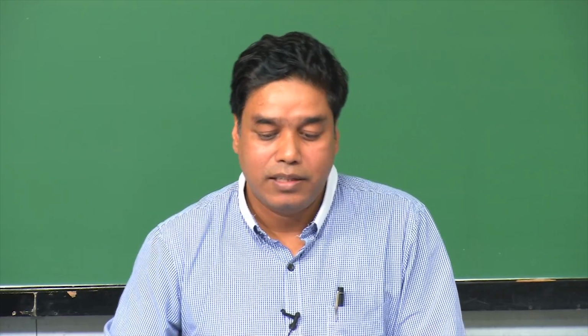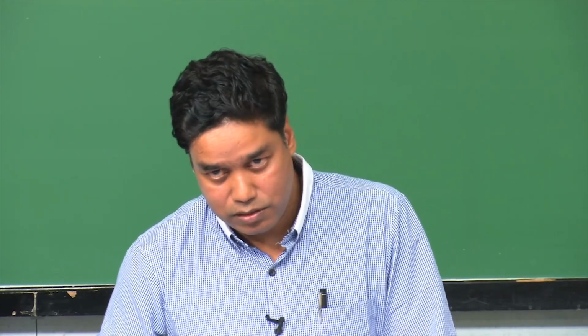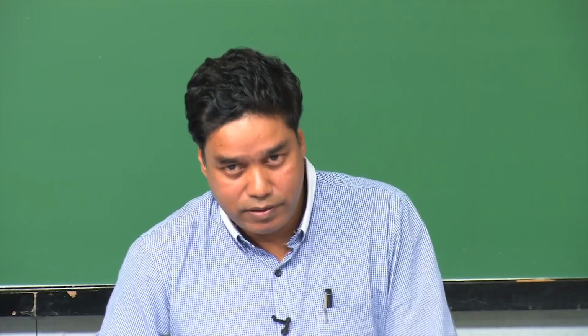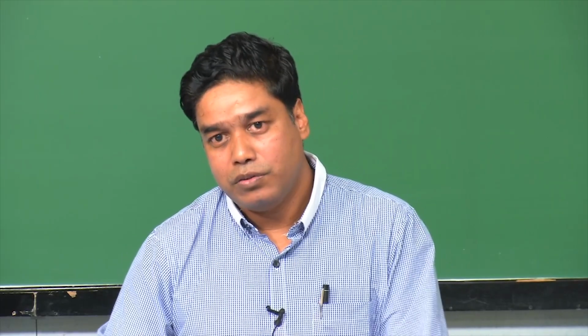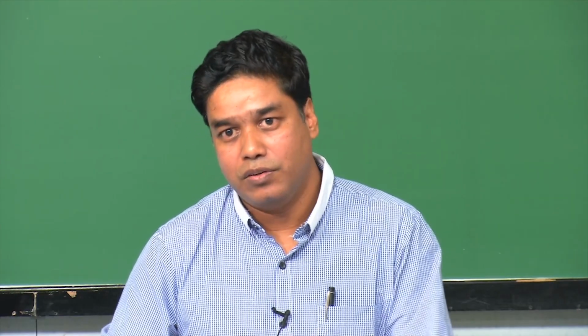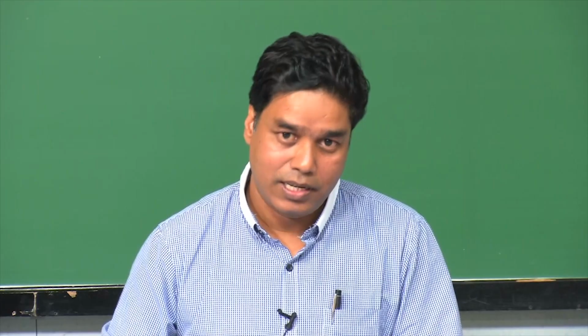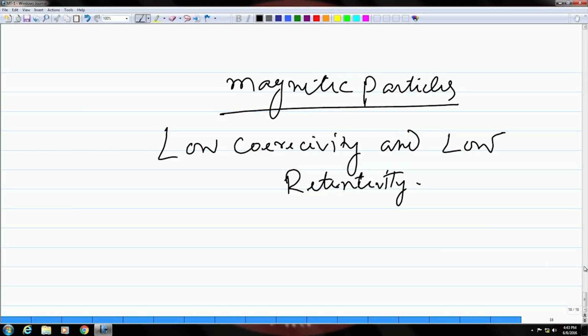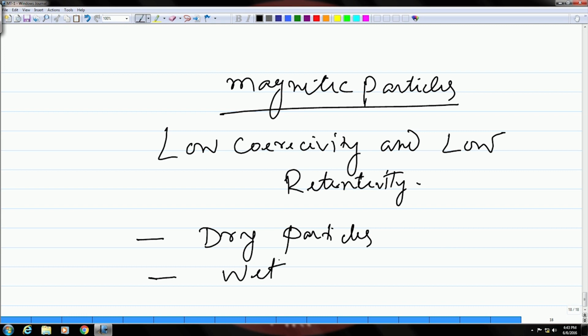They should have a low coercive field and a low retentivity, so that they are mobile on the surface and do not accumulate unnecessarily. And there are two types of particles in use. One is you can use dry particles, and you can also use these particles in some kind of suspension.